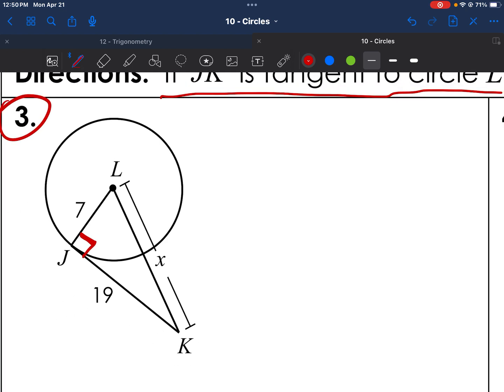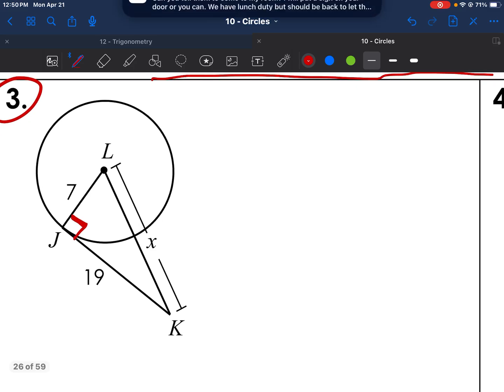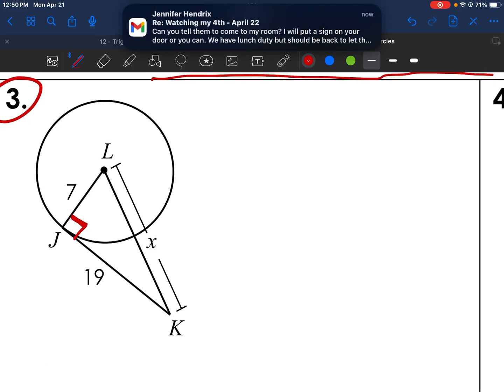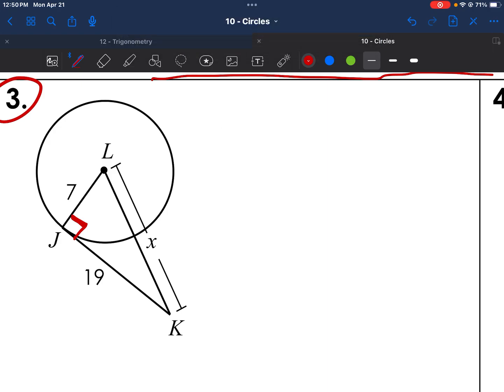Well, just like the rest of them, if it's tangent, that means we should be able to create a right triangle. And so if we take a look at the pieces that we have, we'll have 7 squared plus 19 squared. And since X is referring to the entire length and not just asking us about a part of it, we know that it's going to be X squared.